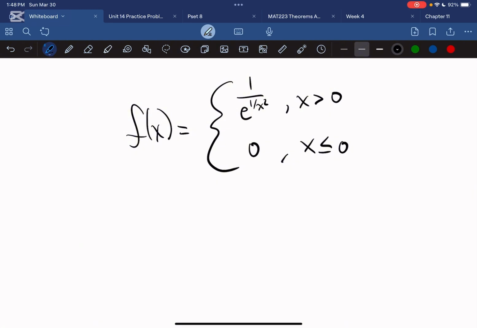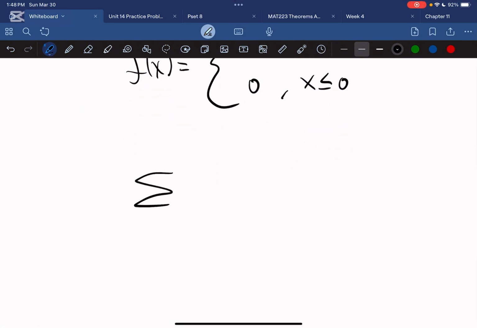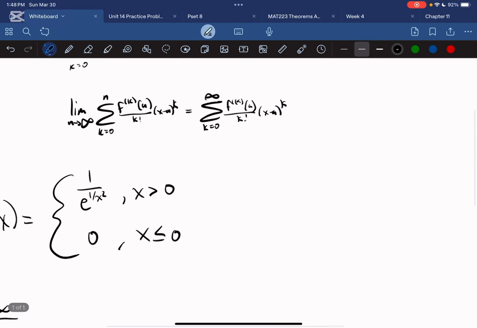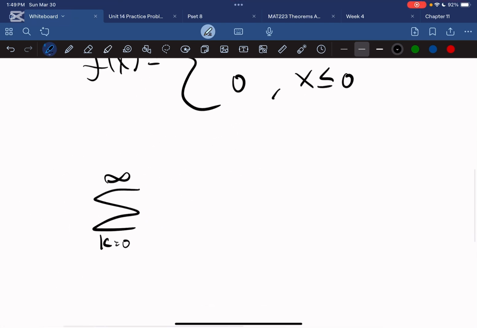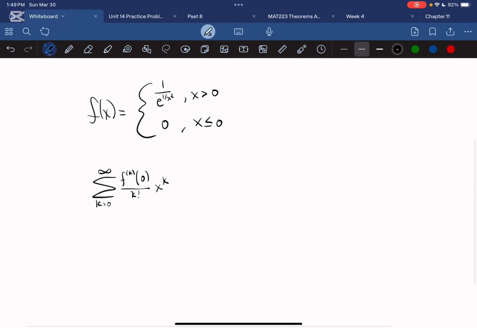And what I want to show you is that the Taylor series for this function, let's say centered at 0, would be f to the k at 0 over k factorial times x to the k. I want to tell you that this never equals the function, really at all.